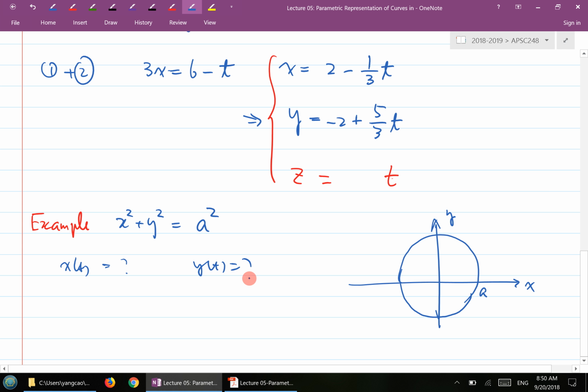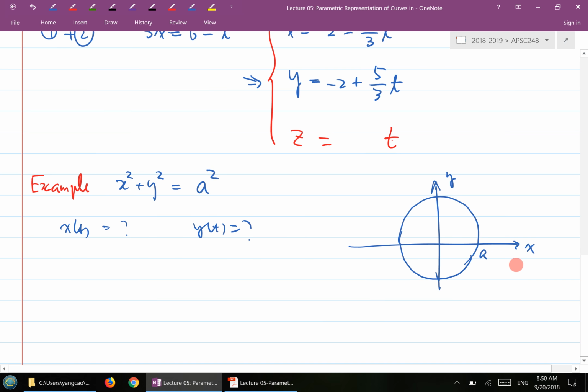Before I give you the solution for x of t, y of t, I want you to understand another thing. When you obtain the results for x of t, y of t, always remember they are just coordinates. And they're not arbitrary coordinates. In this particular case, they are the coordinates for any point on the circle.